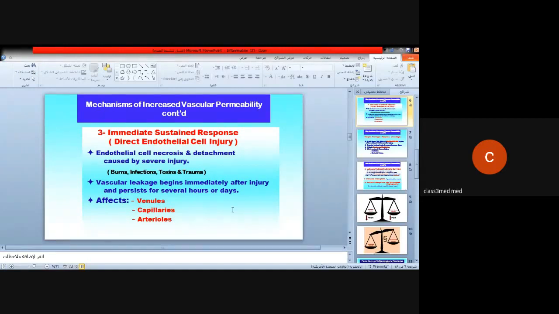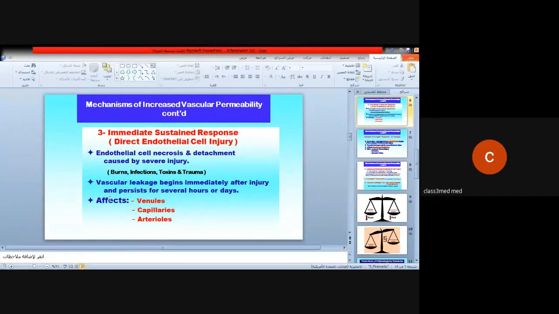There is endothelial cell necrosis and detachment, which is caused by severe injury, such as burns, infections by more serious bacteria and powerful toxins, or trauma. So the vascular leak begins immediately after the injury, for example after the burn, and persists for several hours or days.